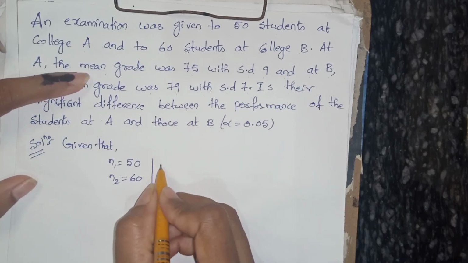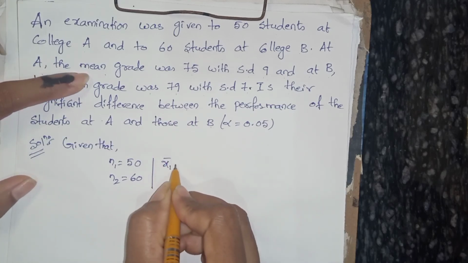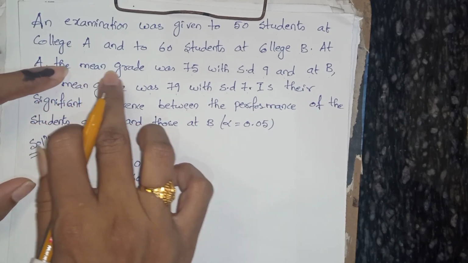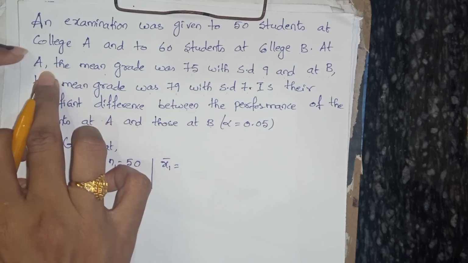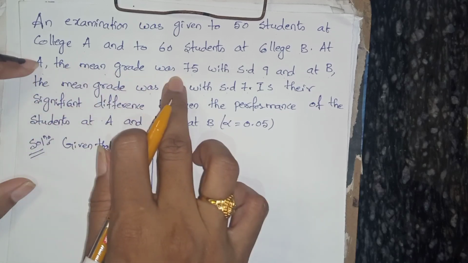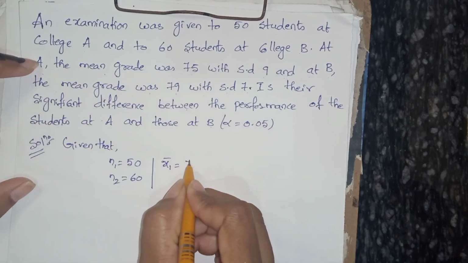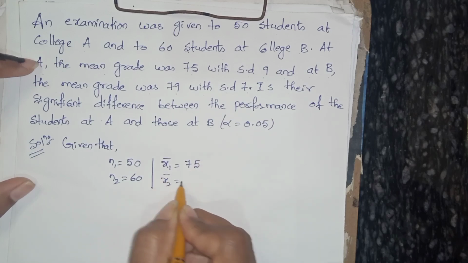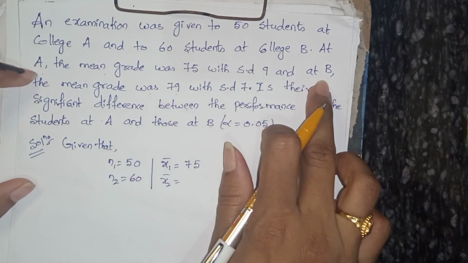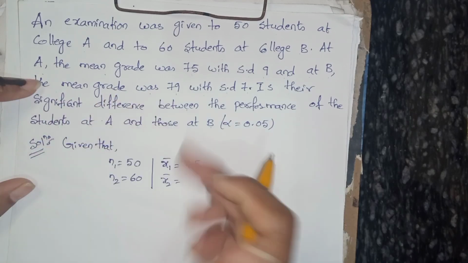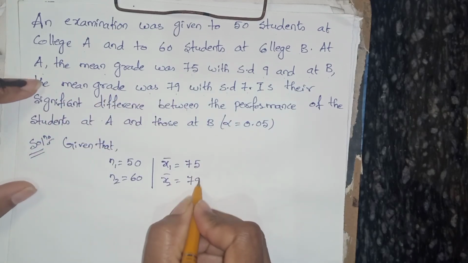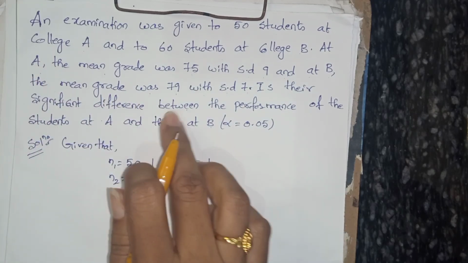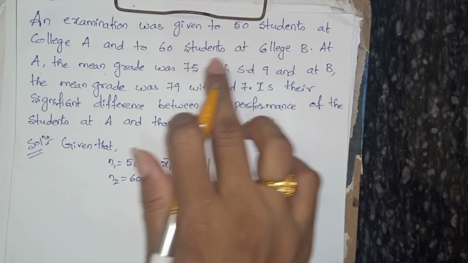Next, mean grade in the sense what? This is X1 bar, that means it belongs to A. The mean grade was 75, that means X1 bar is 75. Next X2 bar is 79. See here, at B the mean grade was 79. And the next is standard deviation they give.